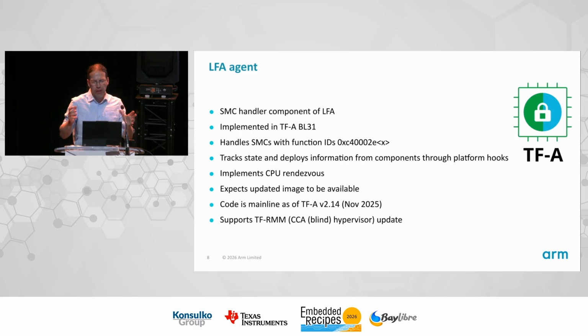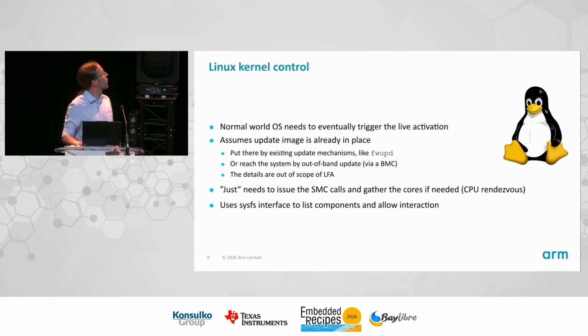And it expects the updated image to be available, and it does that through platform hooks, right? So again, all the interesting parts are left for the reader to implement, basically. So you are expected, as a user of that, to provide all the necessary bits. And the code is actually mainline since November. And for now, we support TFRMM as an example firmware. I will tell you in a bit what it is.